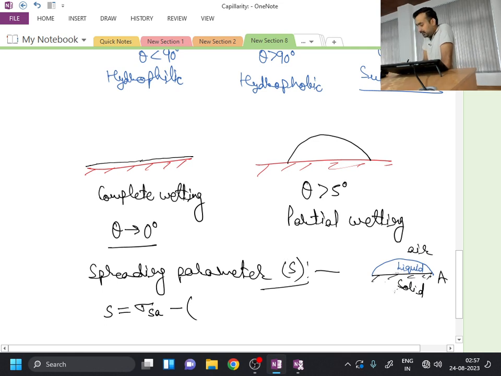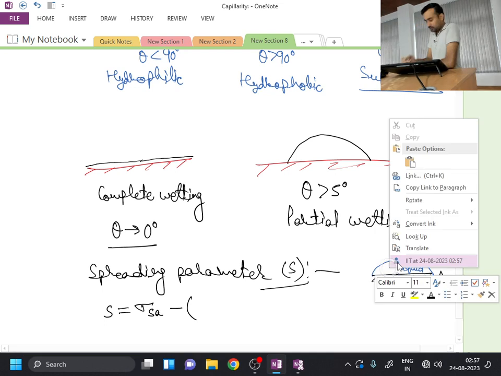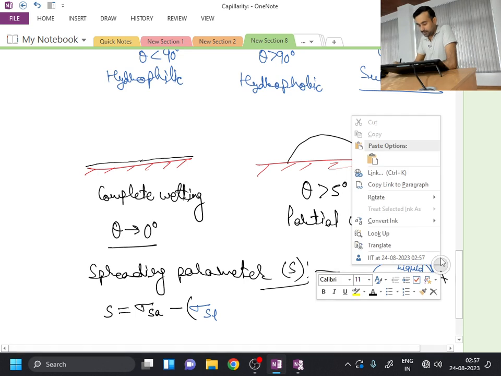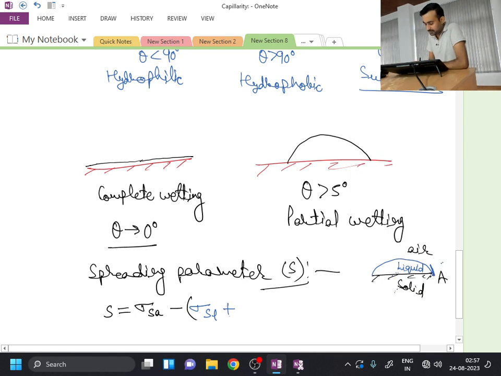There is now a contact between the solid molecules and the liquid molecules. So one surface energy is because of sigma solid liquid, and just at this interface you will have contact between the liquid and the gas as well. Okay, so you will have some surface energy because of the liquid and air interface. Is this point clear?